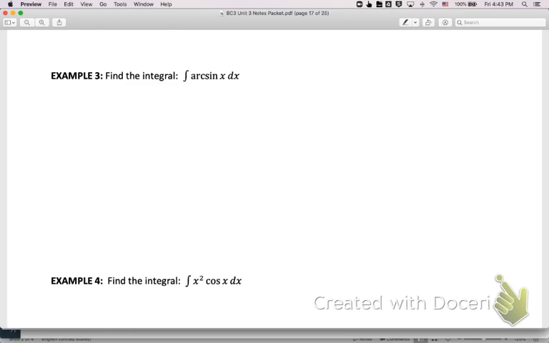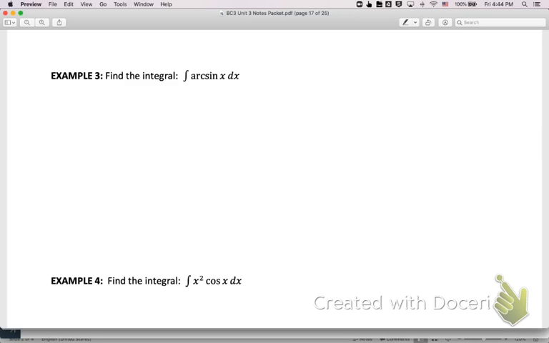And when we say easy, what we mean is we want it to get nicer. In this case, I would most definitely choose u to be the arcsine of x, because when I take the derivative, it gets rid of the transcendental function altogether. We just get something in terms of x. So that's what I'm going to choose first.